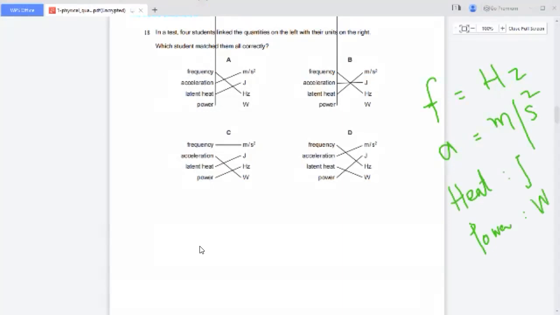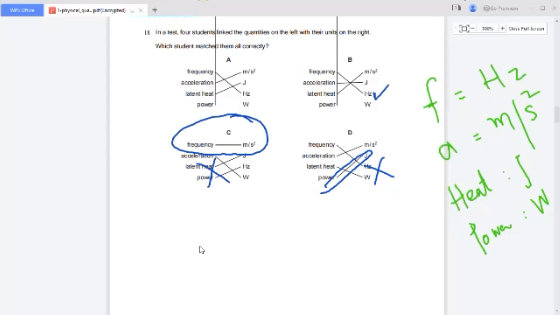So let's see which is the correct one. In D, power is with joules, that's incorrect. So the whole option is incorrect. In C, it says frequency is in meter per second, which is the unit of acceleration, so it's an incorrect option.